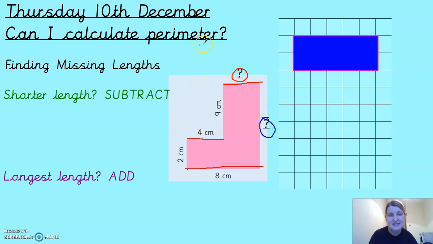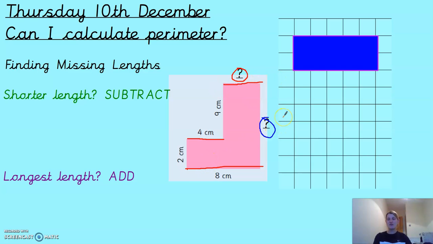And the one that's missing is a shorter length. It's not the longest length going across. Now, if I've got a shorter side I need to find, shorter, subtract. I can use the information that I've got to help find out what that length is.